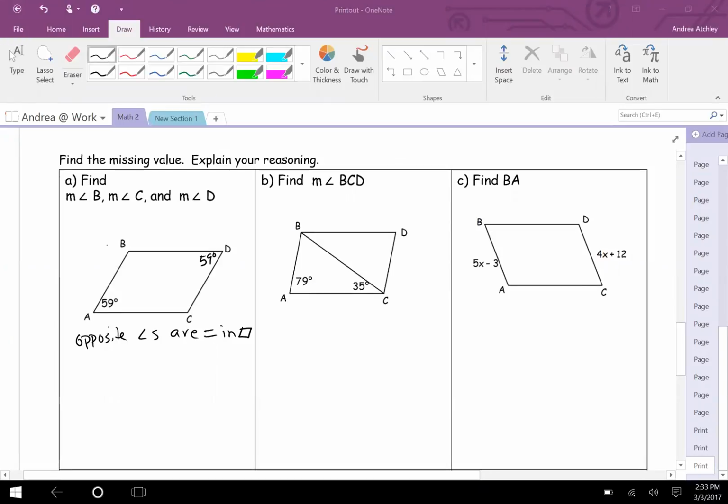Then we have consecutive angles are supplementary. That means they equal 180. So 59 plus the measure of angle B equals 180.